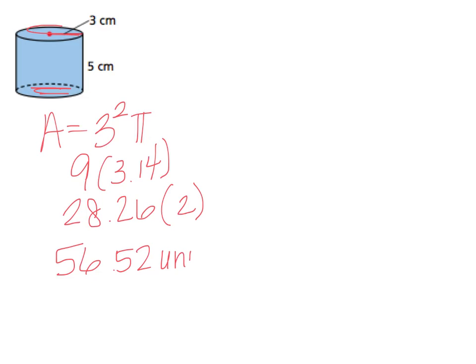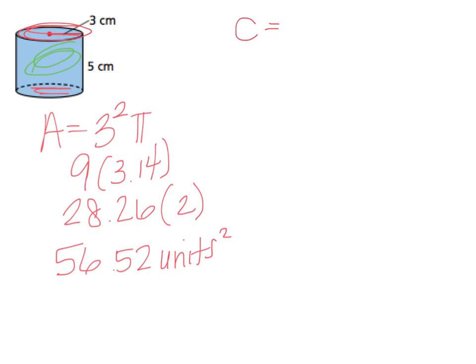56.52 units squared. And then I also have this lateral surface of what's connecting there. So I have the height of that, but I need to figure out how far around that is on the top. So in order to do that, I need to find the circumference of this circle.